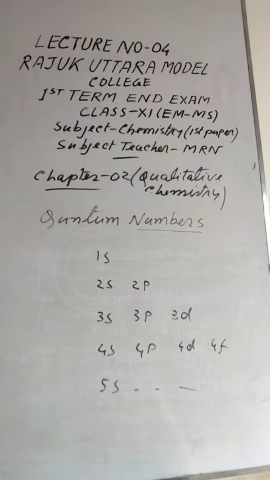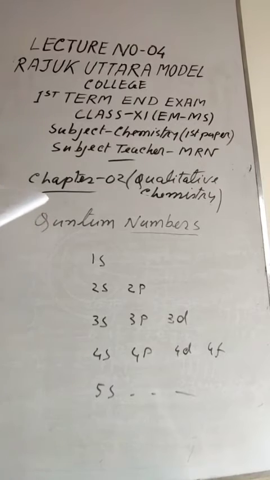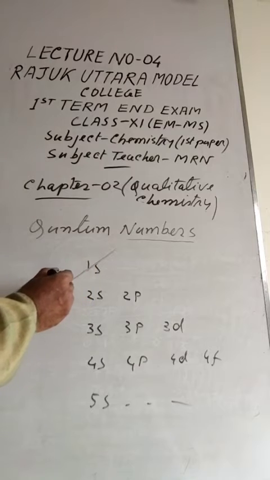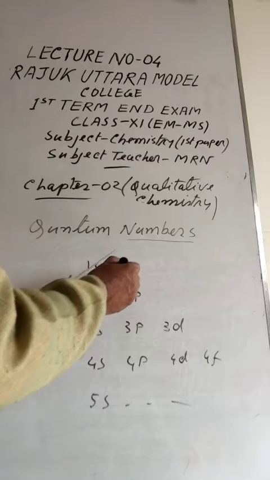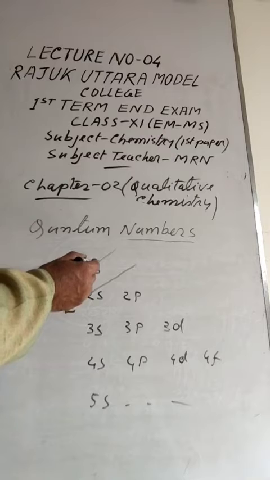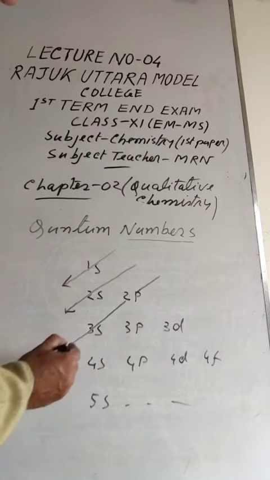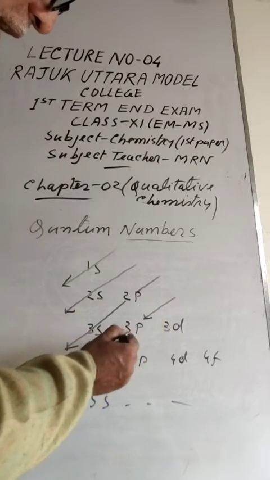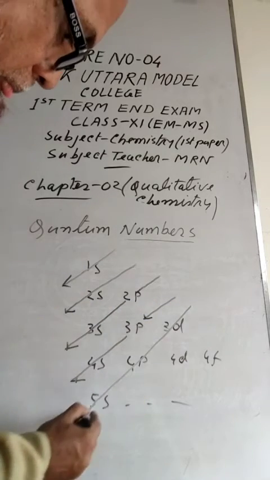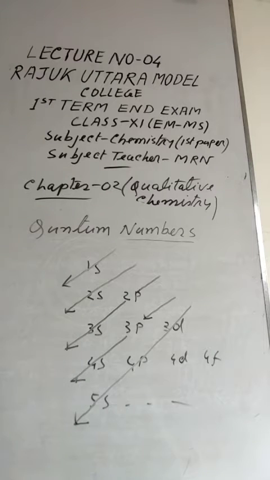According to the Aufbau rule, the electron first enters the lower energy level and subsequently enters the higher energy level. First the electron will go to the first, and when more electrons are present, then the second, then the third. In this way electrons will occupy the orbitals according to the Aufbau rule, in order of energy.